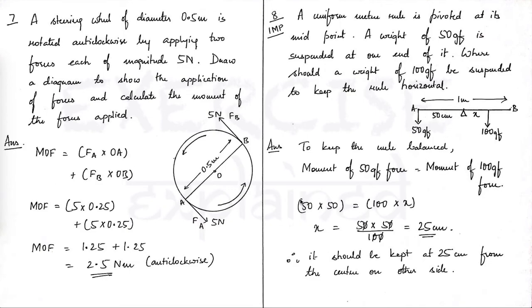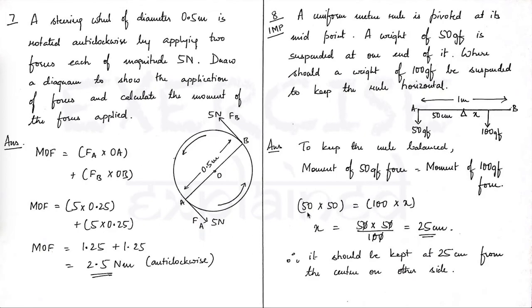So I write force into perpendicular distance as 50 is the force and this 50 is the perpendicular distance, is equal to again force into perpendicular distance. So here the force is 100-gram force and perpendicular distance we consider it as x because we do not know, or we have to find out where it is acting. So this is going to be x.